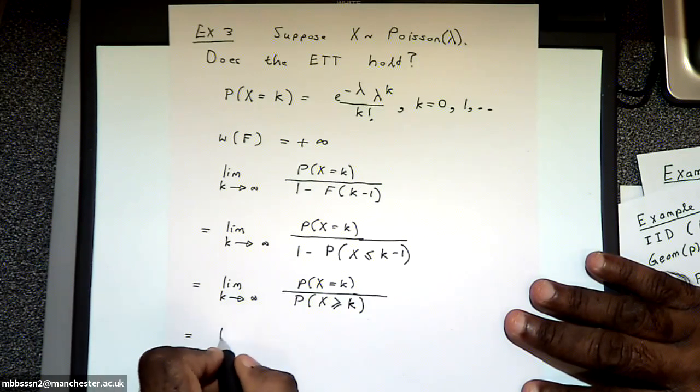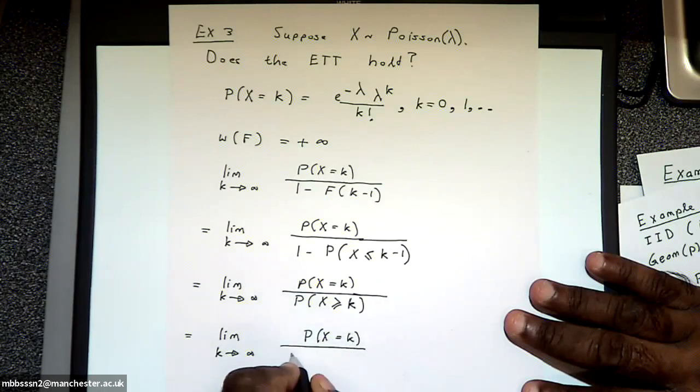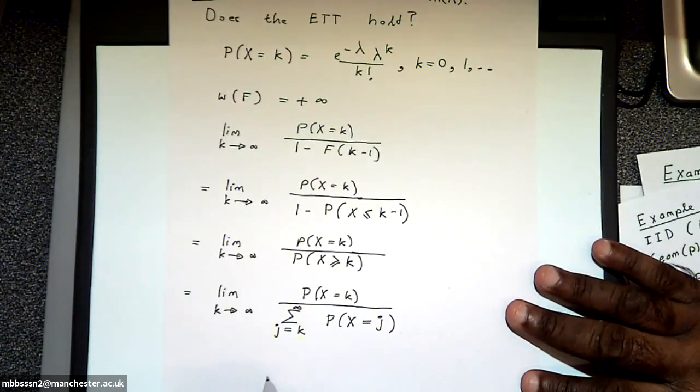And I have written the probability that x is greater than or equal to k as the sum of the probabilities from k to infinity.